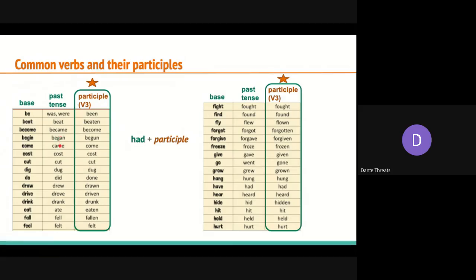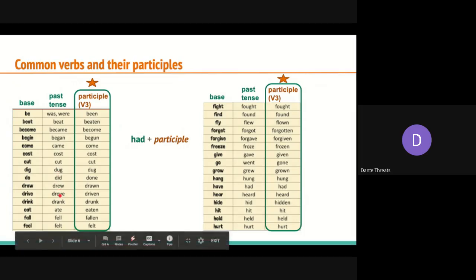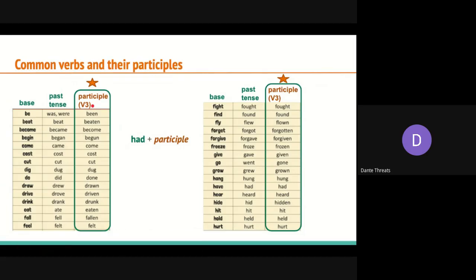Begin, began; come, came; cost, cost; cut, cut; dig, dug; do, did; draw, drew; drive, drove; drink, drank; eat, ate; fall, fell; feel, felt. All of these are the past tense. And here in this column is the past participle. For use of the past perfect tense, this is very important.